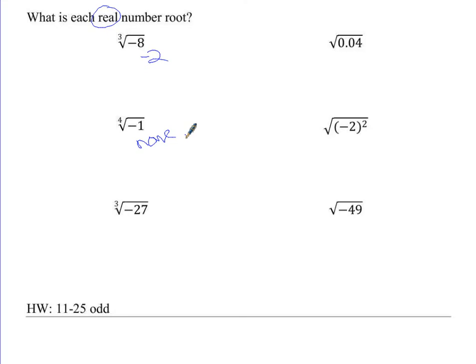Because I'm saying, what are the real roots? There are none. How about the one below that, the cube root of -27? Good, it's -3. And how about this? What is this one saying? The square root of 0.04. What number times itself gives me 0.04? 0.2.